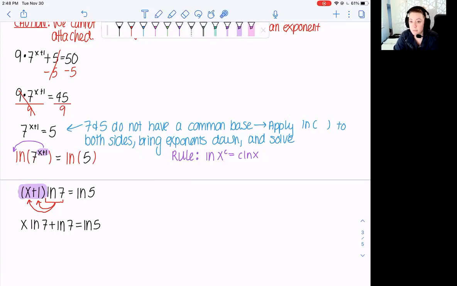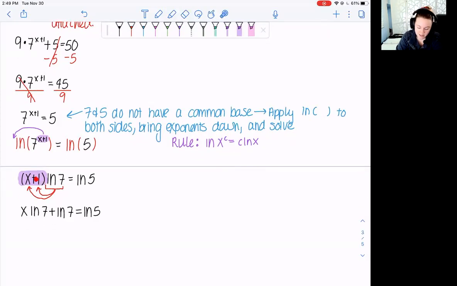In fact, you could use log base 7. You could use any logarithm base, but ln is typically the one we use because there are fewer pen strokes involved. ln is 2 pen strokes, log is 3 pen strokes, and if it doesn't matter which one you use, you might as well use the one that uses less energy. So that's why we typically use ln, because it uses less energy than writing out the word log.